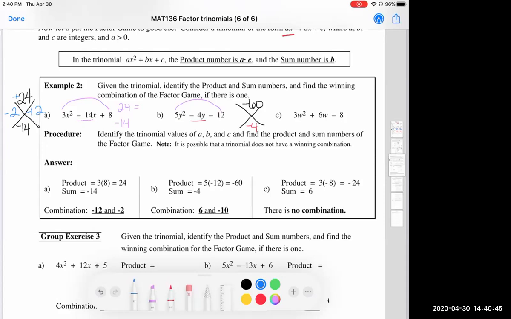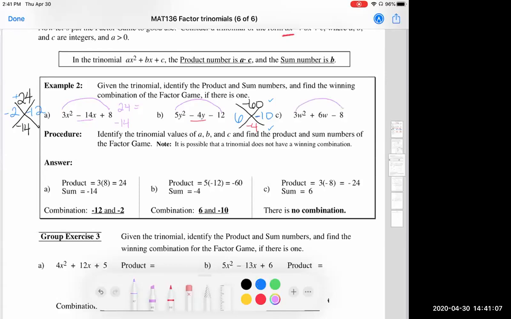Oh, 6 and 10 have a difference of 4. That would work. So 6 and 10. All right, I need to make one of them negative to get negative 4. So negative 10. 6 plus negative 10 gives me negative 4. And 6 times negative 10 gives me negative 60. Cool, we check off.